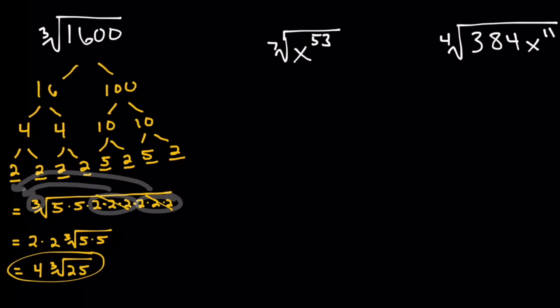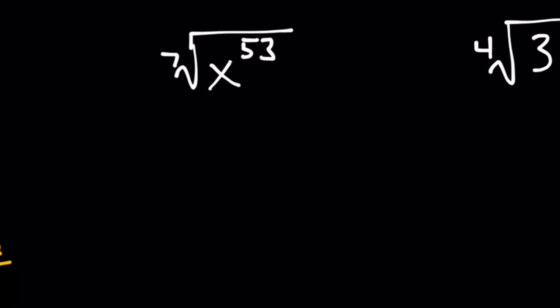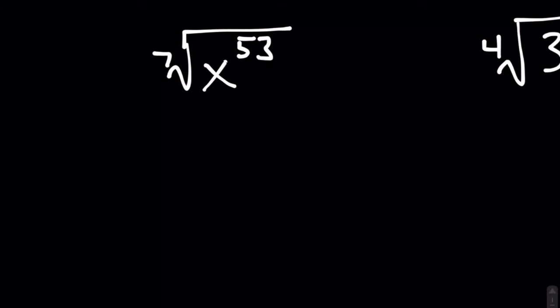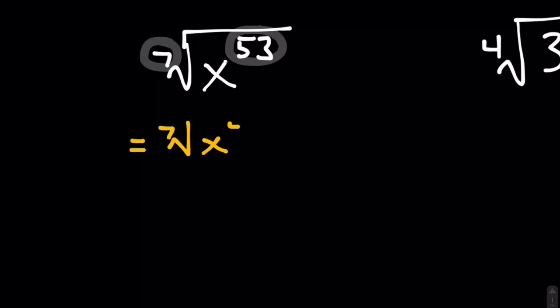Alright, let's continue our proceedings with the 7th root of x to the 53rd. Now in situations with variables, we must have a power on the inside that is divisible by the index 7. 53 is not divisible by 7, so we must rewrite the inside of the radical as the product of 2 powers, one of which must be divisible by 7. The closest to 53 is 49, which means our second x must be x to the 4th.